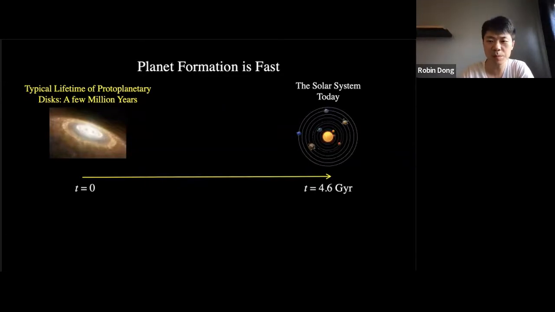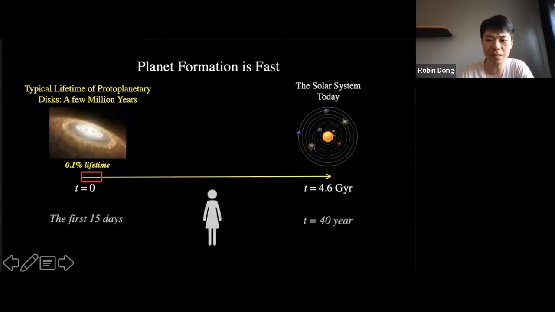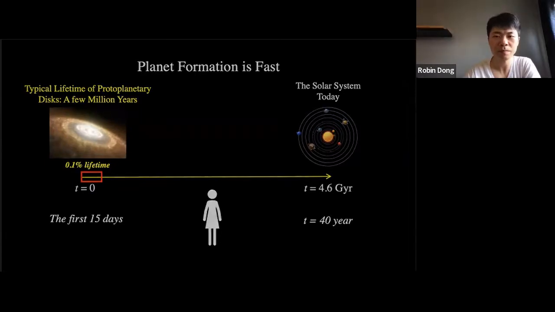Therefore, for a typical main sequence star in our galaxy, most of the planet formation processes took place in the initial 0.1% of the lifetime of the star. If we make an analogy to say the sun is a 40-year-old middle-aged person, then most of the planet formation process needs to happen in the first 15 days of the life of this person.